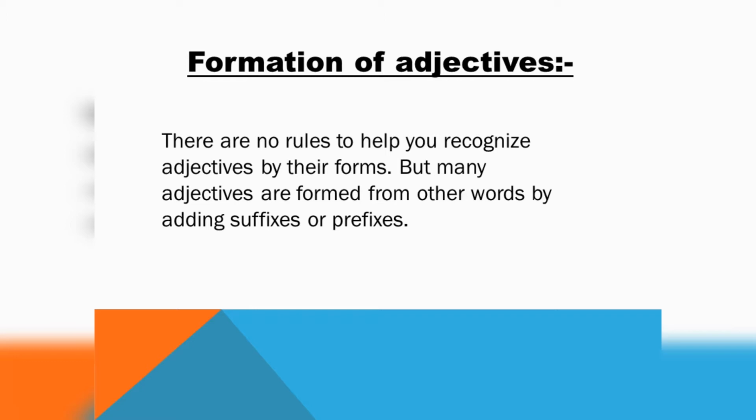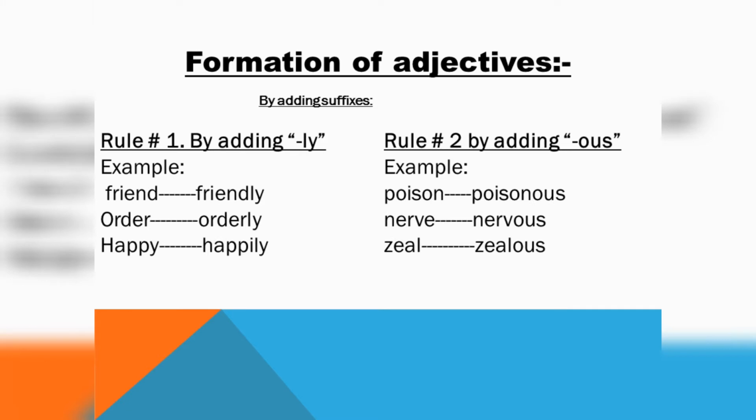For this, it is necessary to clarify that there are no rules to help you recognize adjectives by their forms, but many adjectives are formed from other words by adding suffixes or prefixes.